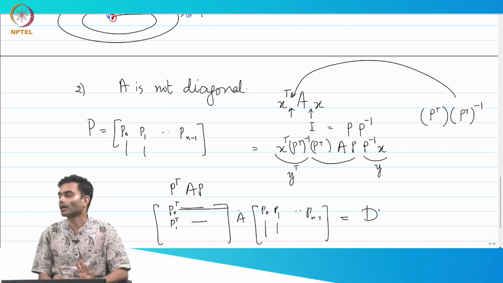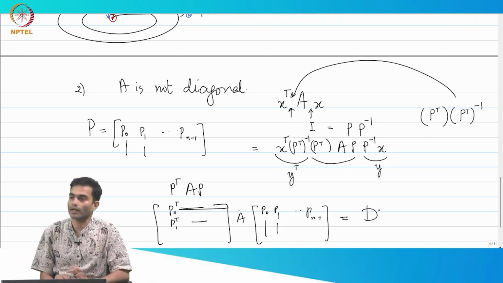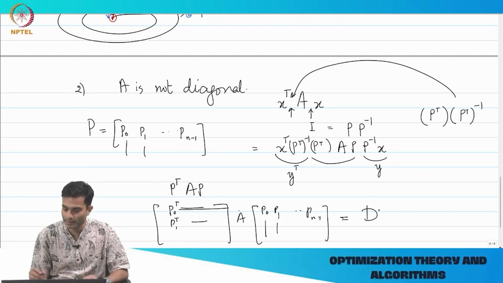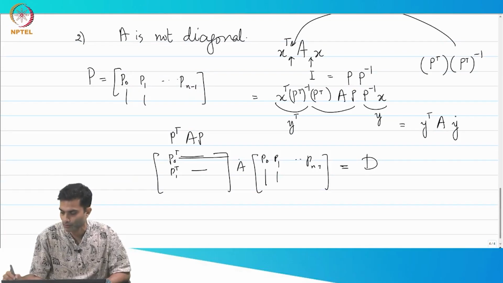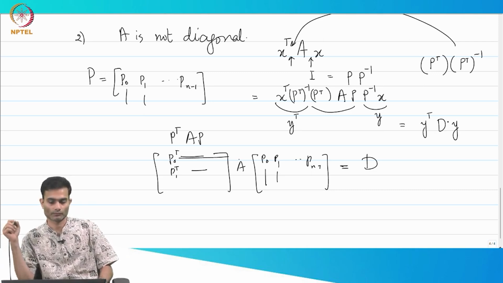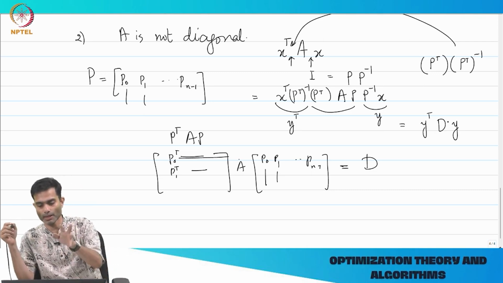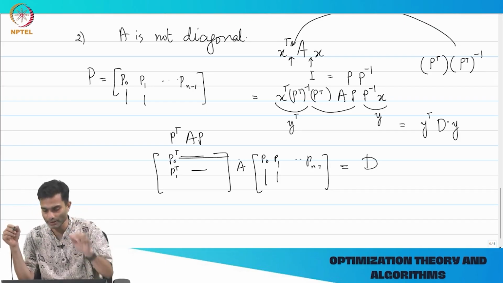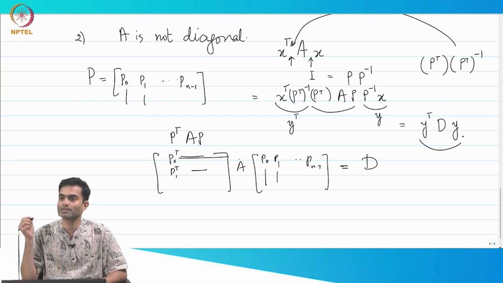So this is a little bit more clever because I am not insisting on eigenvectors, right? I just need A conjugacy and I am getting this to be Y transpose AY. Sorry, not AY, DY. This entire expression, P transpose AP, became D. What is this looking like now?